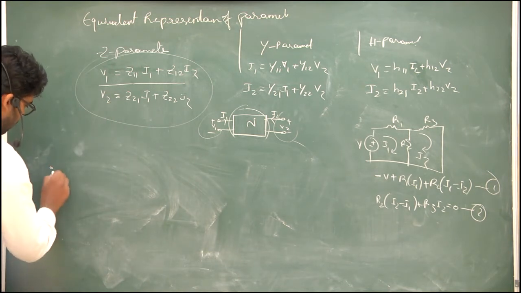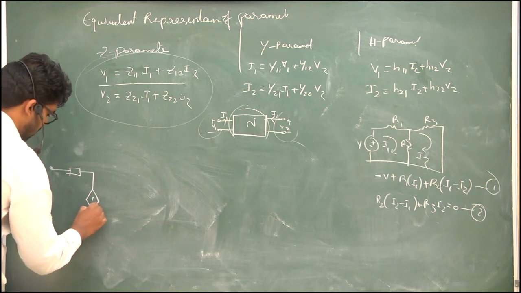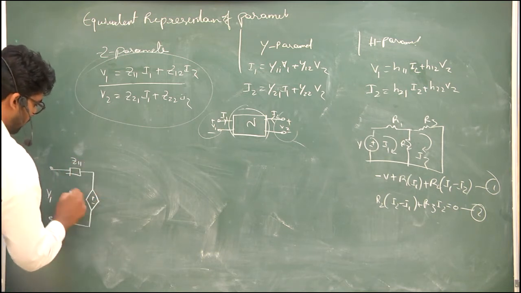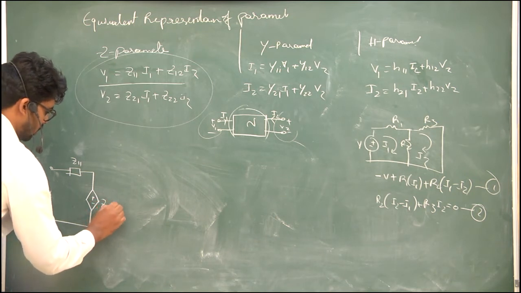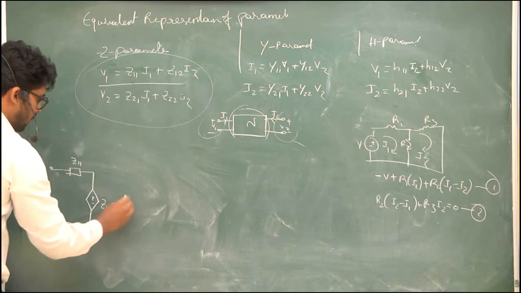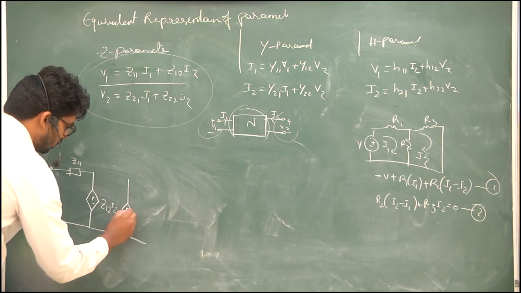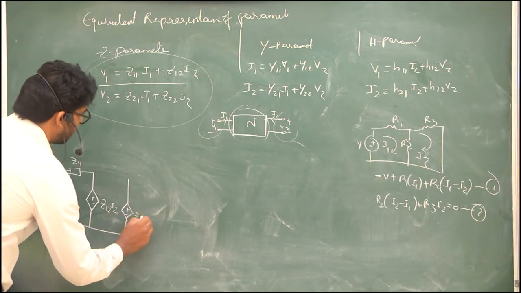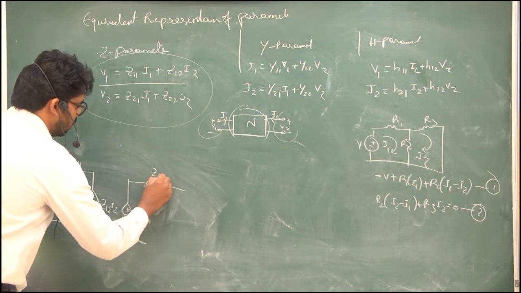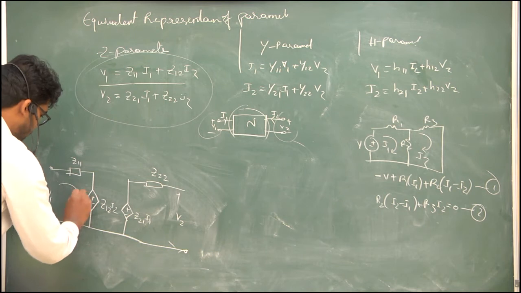Let us take this as port 1. Equation 1 is represented like this, Z11, and here is Z12 I2. This is voltage, so impedance into current. And again, equation 2 can be represented like this, Z21 I1 and Z22. So this is an equivalent representation.